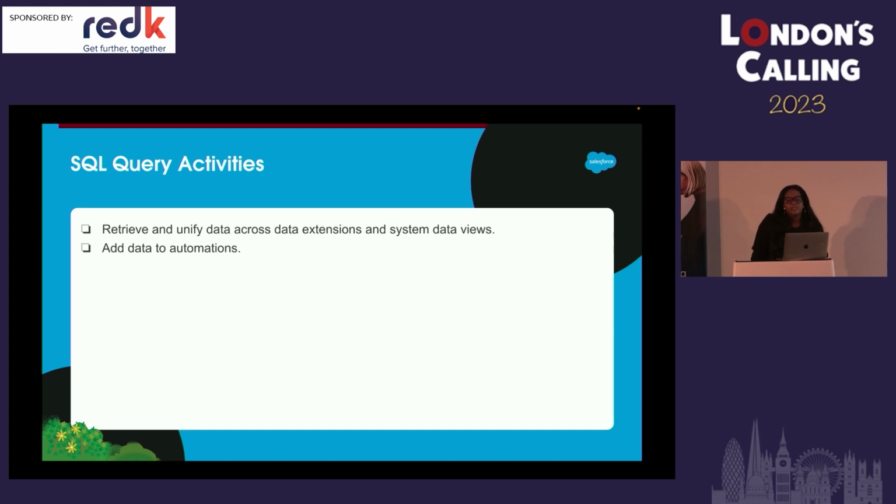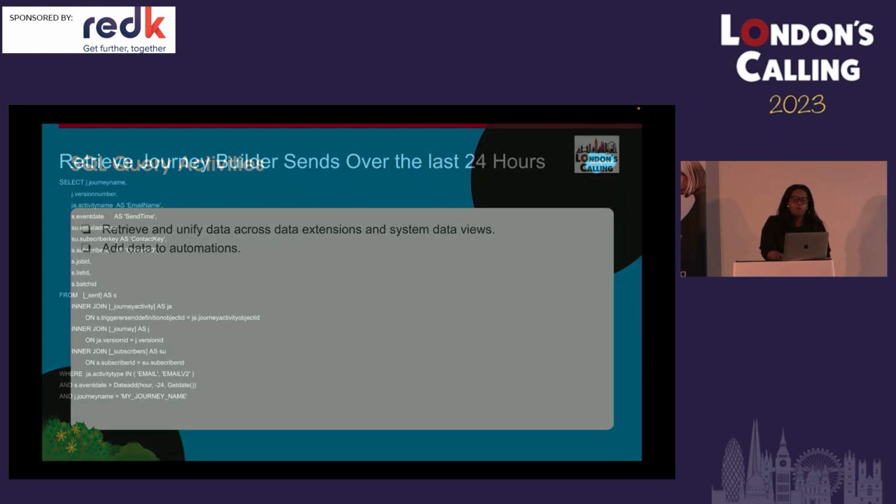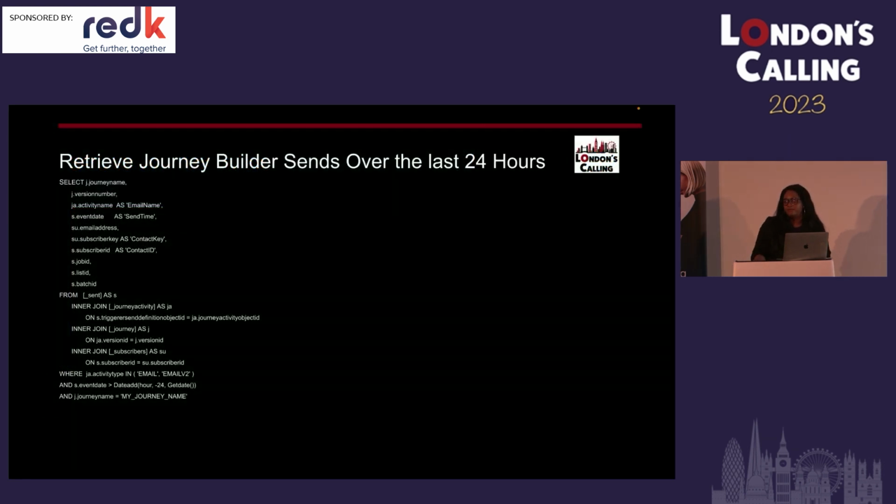So the primary usage of SQL query activities is to query data from data extensions, and also to query data from system data views. We have a wide variety of system data views on our marketingcloudhelp.com website. Basically, you can create things to monitor automation. You can query for all of the Journey Builder sends over the last 24 hours, or any type of system data that is happening.